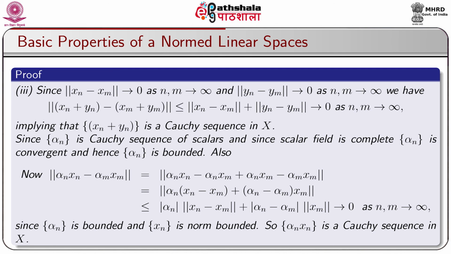Since the sequence alpha n is bounded and the sequence xn is norm bounded, the sequence alpha n xn is a Cauchy sequence in X.